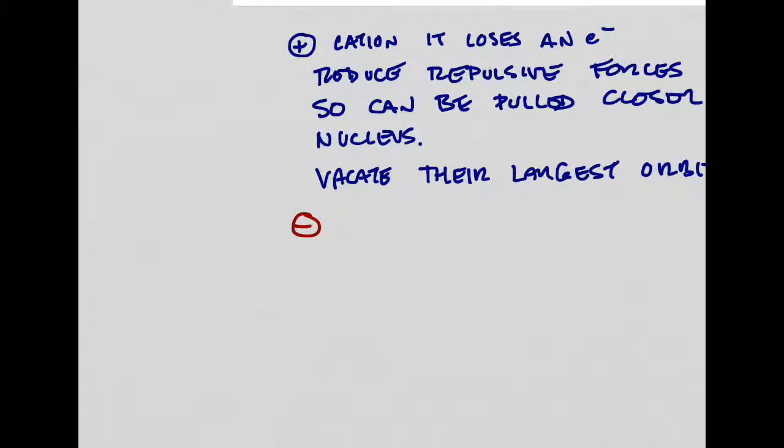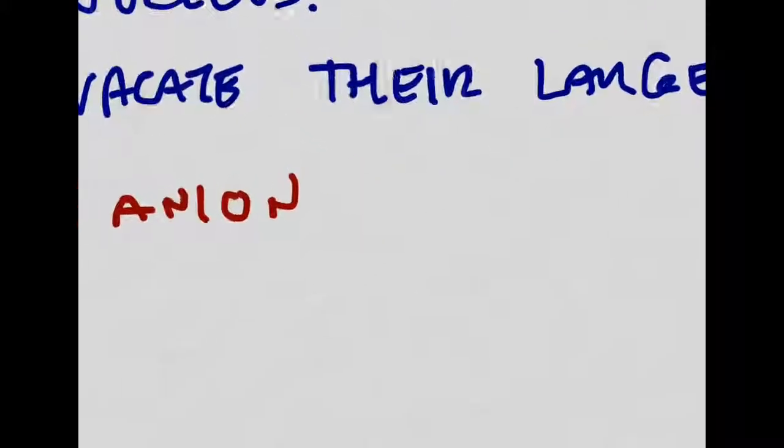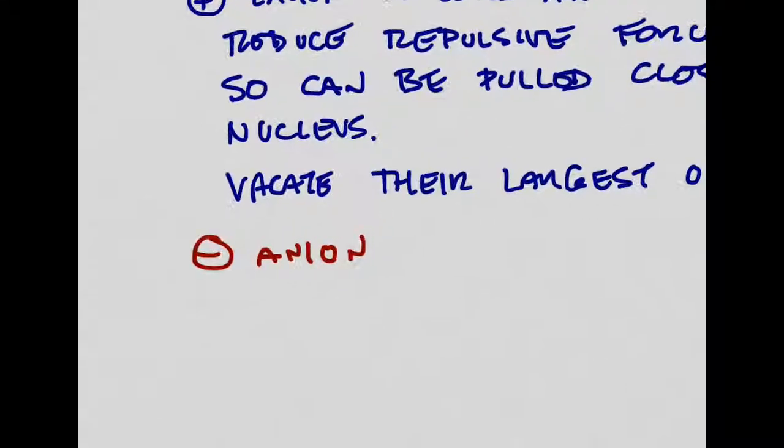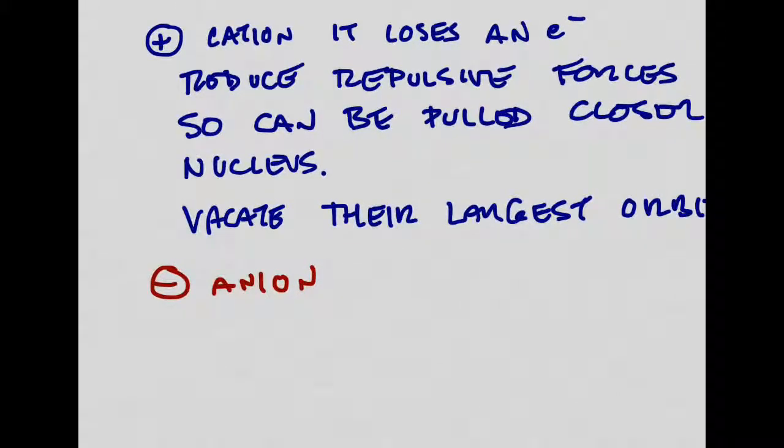So when you form this, you form something called an anion. Okay, so a negatively charged ion is called an anion. And when this happens, instead of losing, you gain an electron, right?